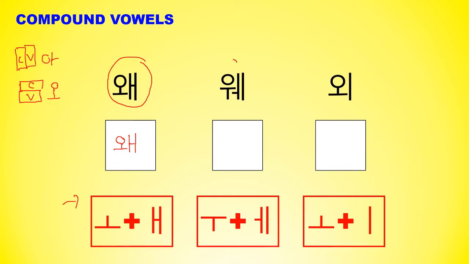Moving on, let's look at the character in the middle. And let's take a look at the box below. The box below shows you the two vowels that are combined together. It is combined by an U and an E. U, E, U, E, Ue, Ue, Ue.